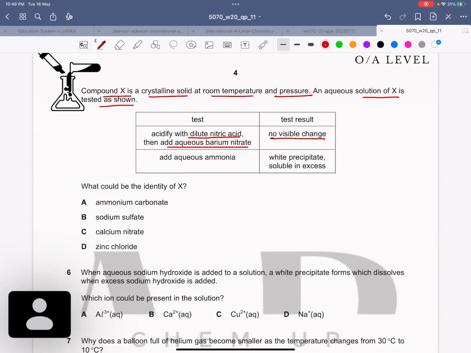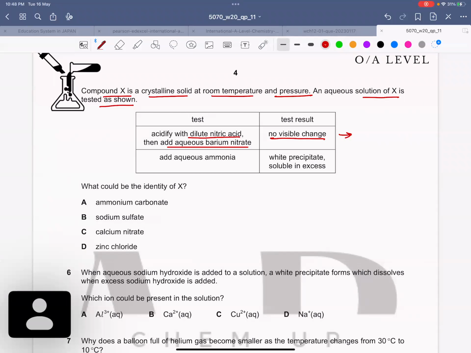Yes, can anyone answer it? Yes, Abdullah, Hassan, Fahad. Yes, who will answer this?